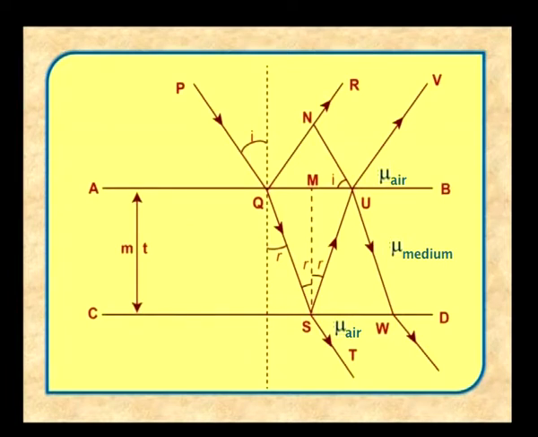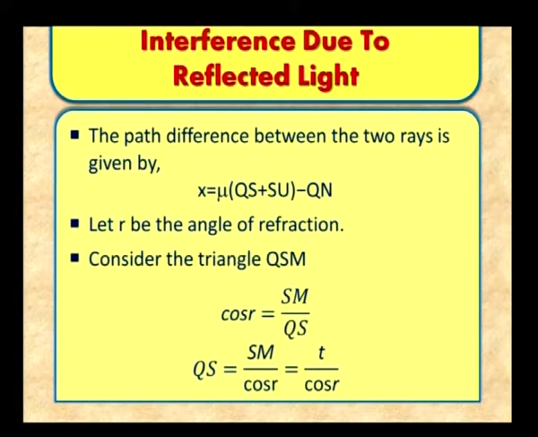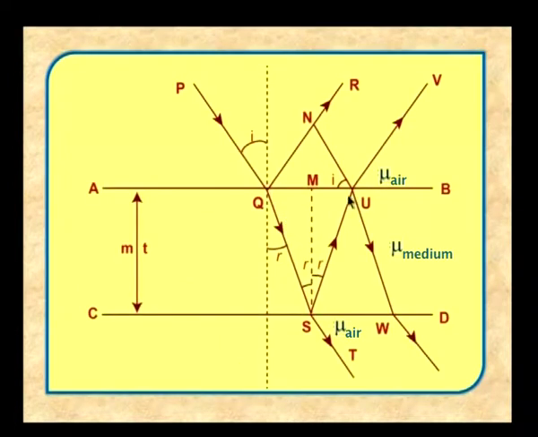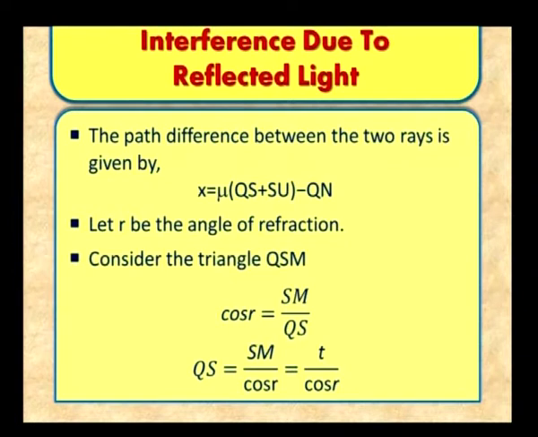So, this will be Q N. The path difference will be mu times Q S plus S U, which is the extra distance travelled by this beam, minus Q N, right. So, the path difference will be mu multiplied by Q S plus S U minus Q N.